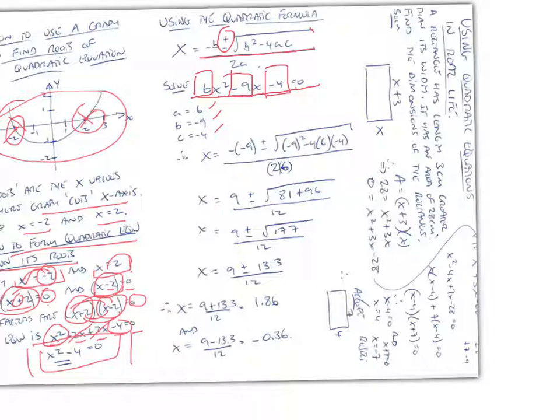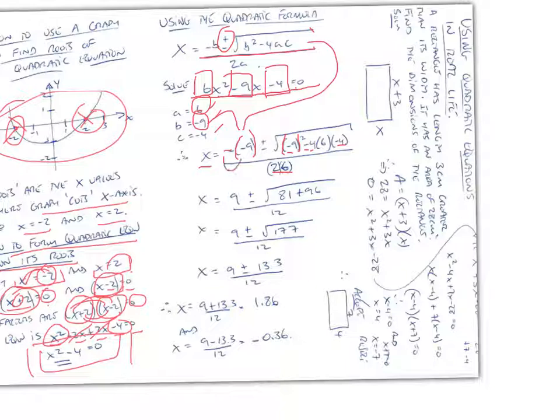So fill in these values into the equation. We have x is equal to minus, and we'll stay safe and put our b value, which is minus 9, in there, plus or minus the square root, in brackets, of b squared, which is minus 9 squared, minus 4 by a, which is 6, by c, which is minus 4, all over 2 times 6.